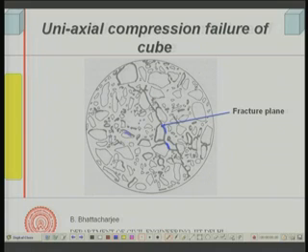We understand that it initiates from the aggregate boundary somewhere and then joins up through various pores available in the structure, and when a continuous fracture plane forms, the failure takes place. So, the fracture plane actually initiates at the aggregate boundary, and as we have seen in the previous slide, it is the aggregate boundary through which the fracture plane passes.